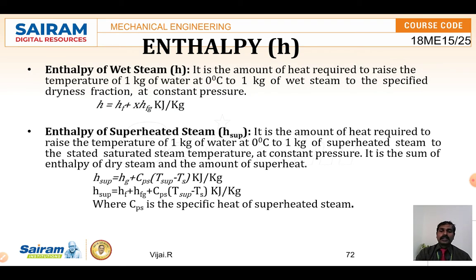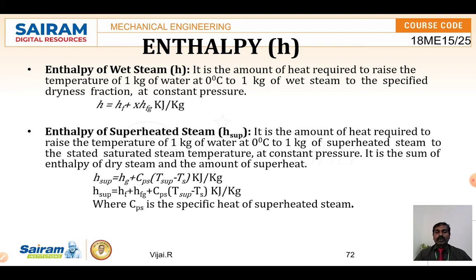Now let me see wet steam and superheated steam. What is wet steam? It is steam where water particles are mixed in. When the water starts to boil, the water at 0 degrees is converted into steam by getting heat. After 100 degrees, enthalpy is needed for the conversion of the heat.